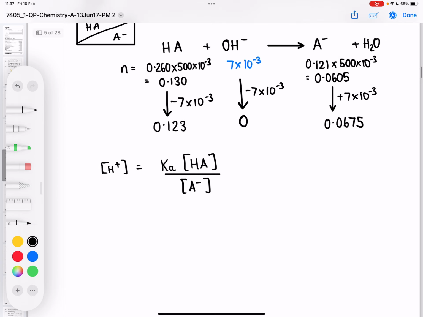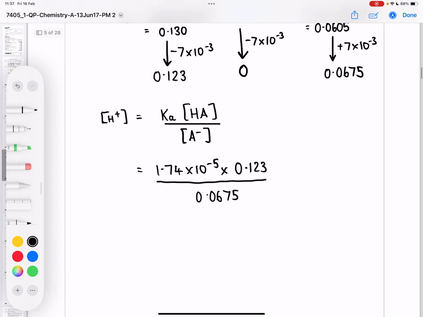So remember, we're using the Ka from the previous part of the question, 1.74 times 10 to the minus 5. We're going to times that by the HA, 0.123, and divide it by the A minus, 0.0675. We're going to type all that on our calculator. So we're getting 3.17 times 10 to the minus 5.